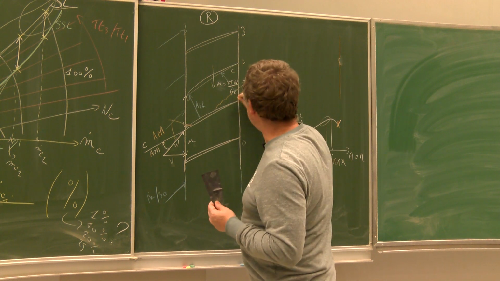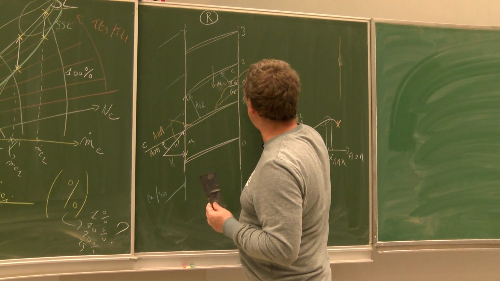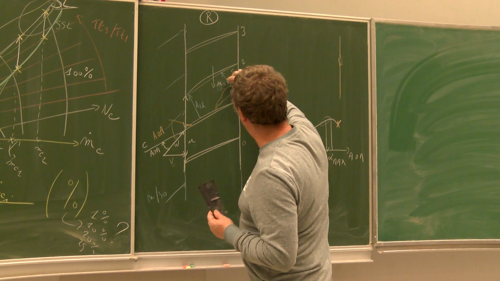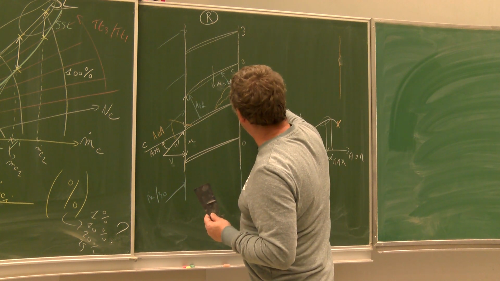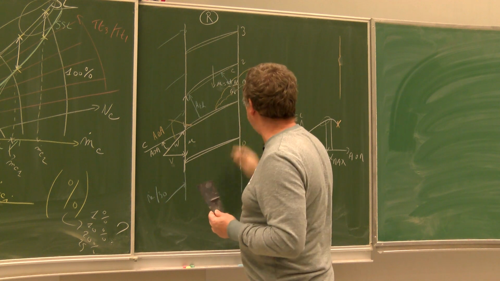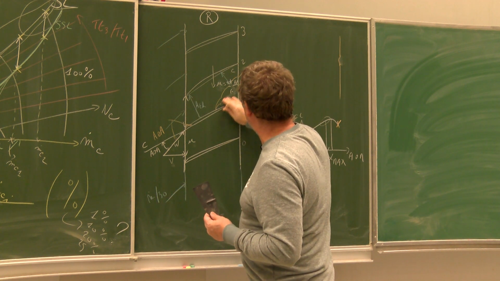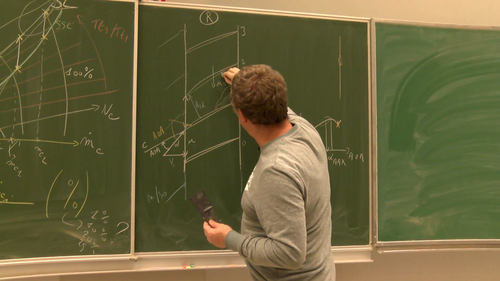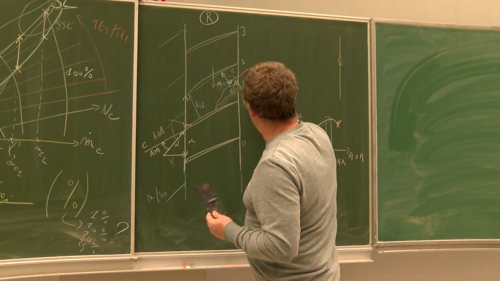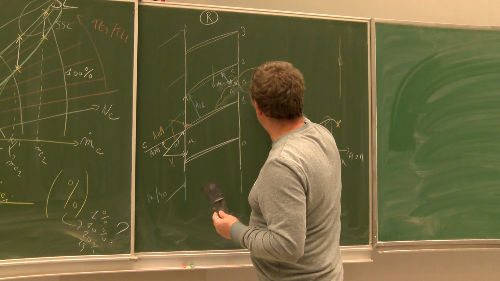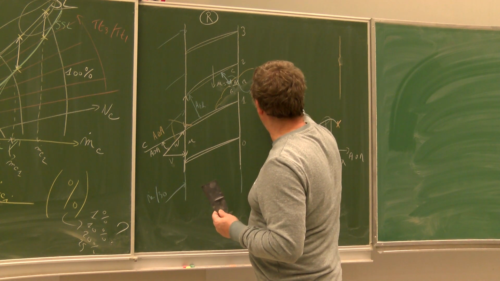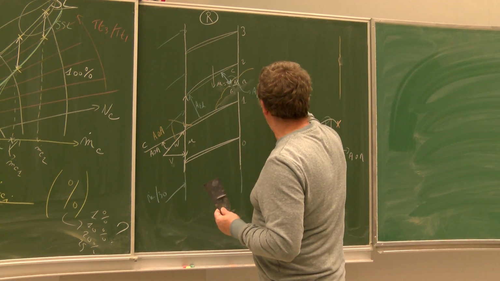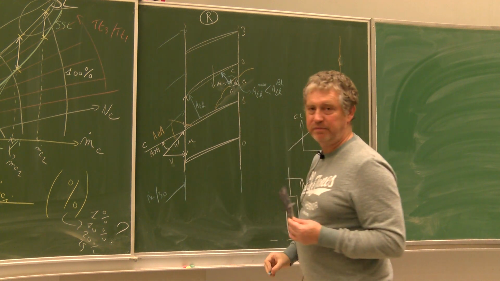I will increase my boundary layer separation so that my drawing is very clear. So I have increased my boundary layer separation, and I have now this throat that is the new throat that is smaller than the old throat.